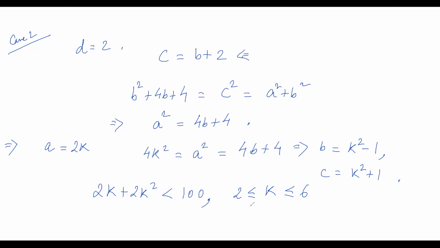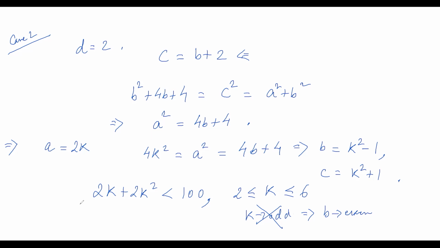Because if k is odd, first of all, k odd would imply that b is even, and so a and b will have some GCD, but again they are co-prime, and so k cannot be odd. So k is not equal to 1, 3, so no odd numbers.